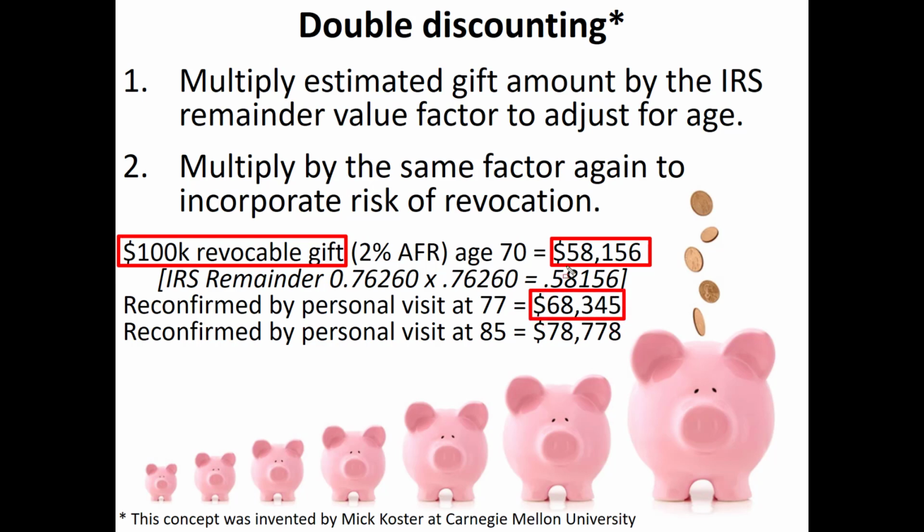What is the difference? The difference is about a $10,000 credit. I got $58,000 credit when I first signed the gift, then another $10,000 for reconfirming it a few years later, and now, a few years later, I get another $10,000 credit for once again maintaining that relationship.